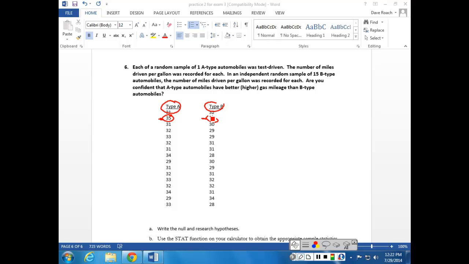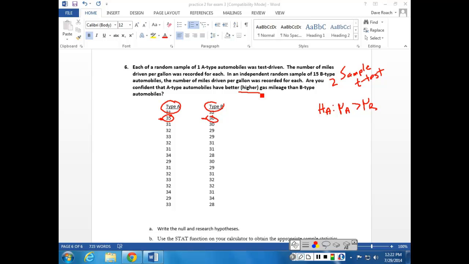So this is a two sample t-test. And let's see, it says write the hypotheses. I'll just write HA is mu A greater than mu B. Does it have higher gas mileage?